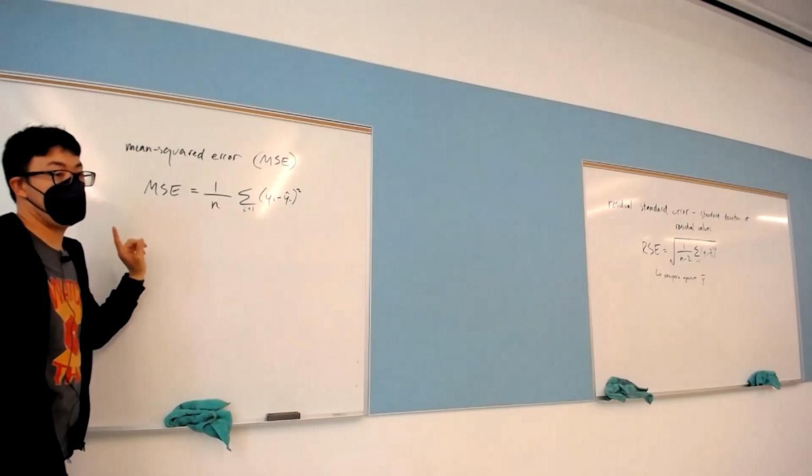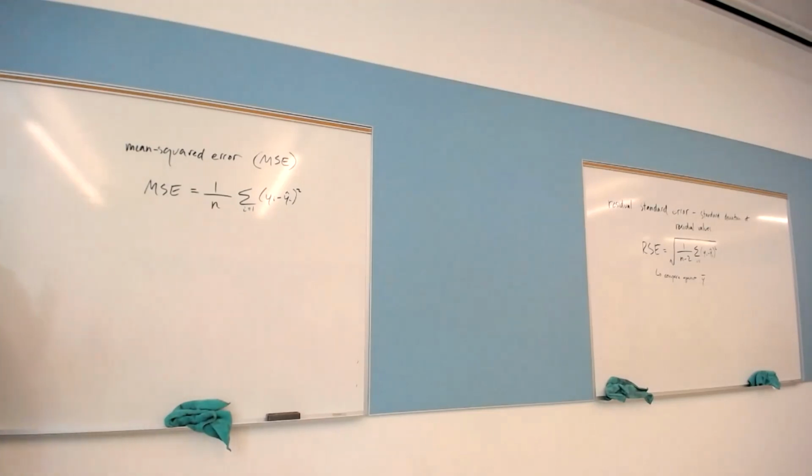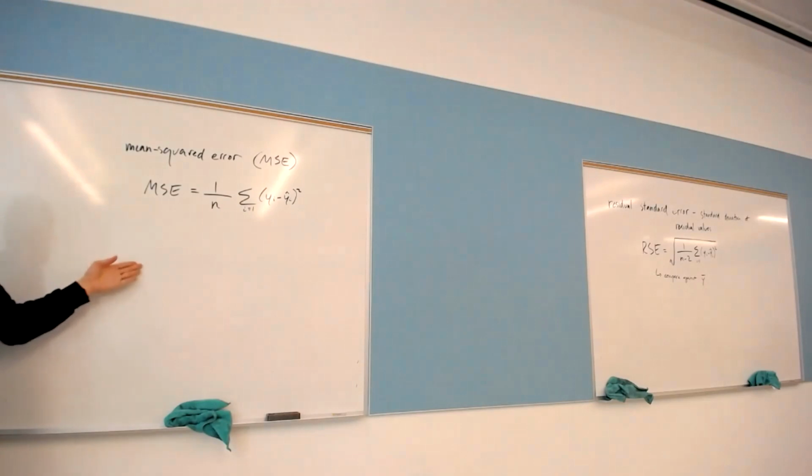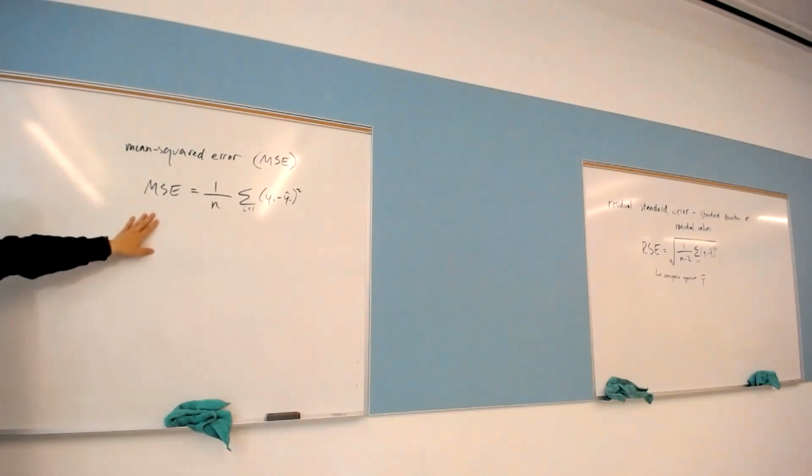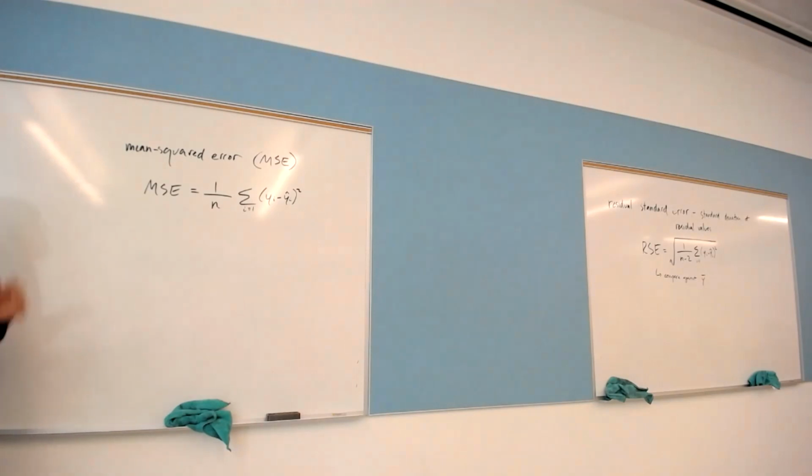The tricky thing about the MSE, though, is that unlike some of the other terms, like the R squared, for example, which is just between 0 and 1, the mean squared error is really context dependent, right? This could take on any sort of value.